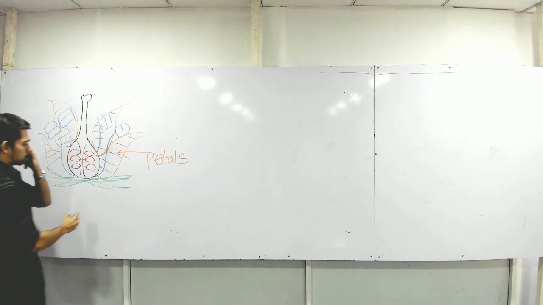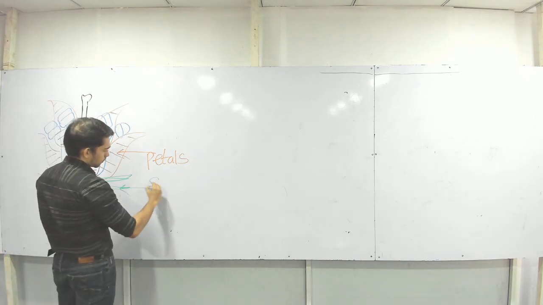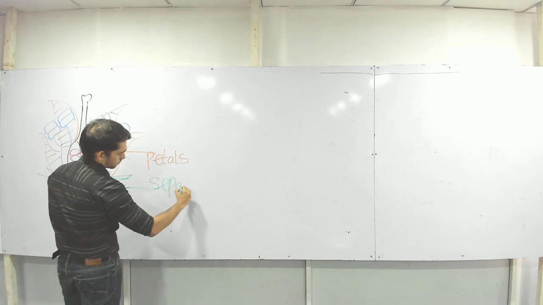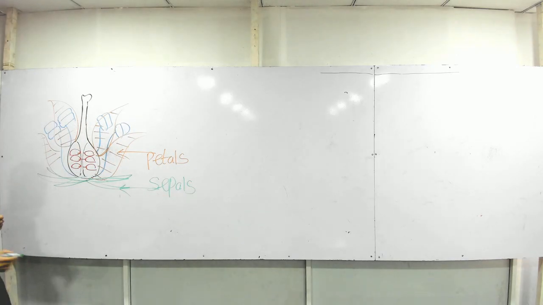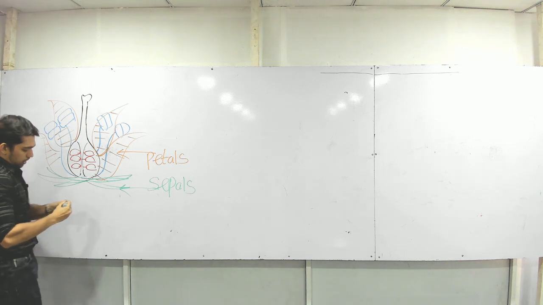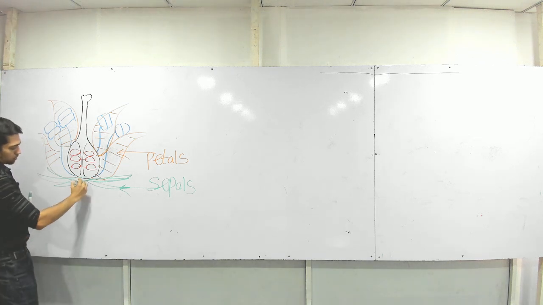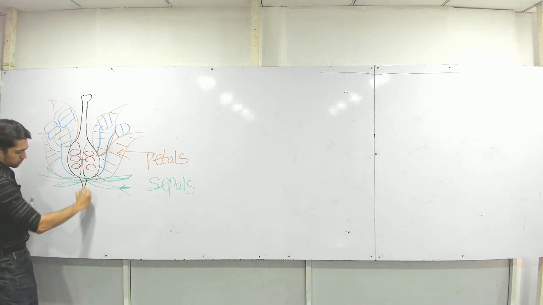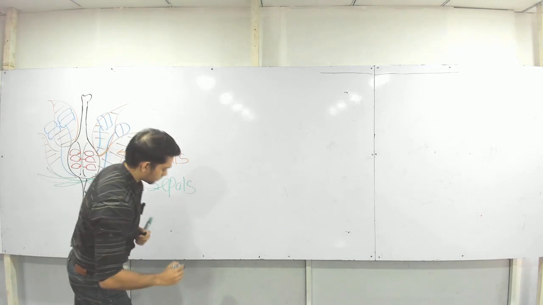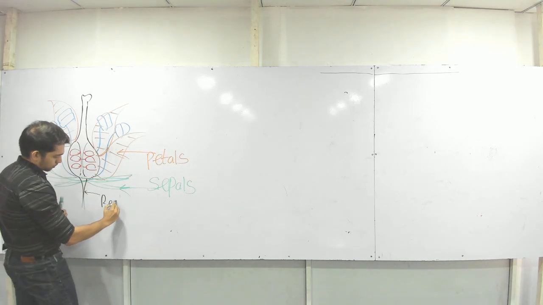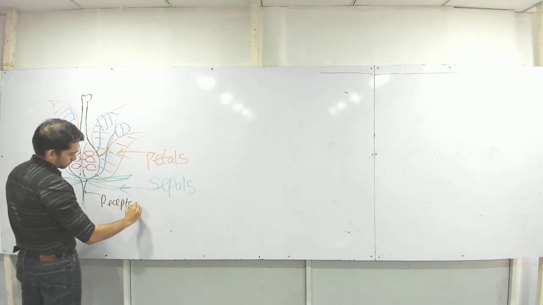Those are called sepals. Sepals, petals and sepals. Then the part where the plant is attached, where we pluck the flower from, right? Receptacle. What's in your syllabus? Yes, receptacle.